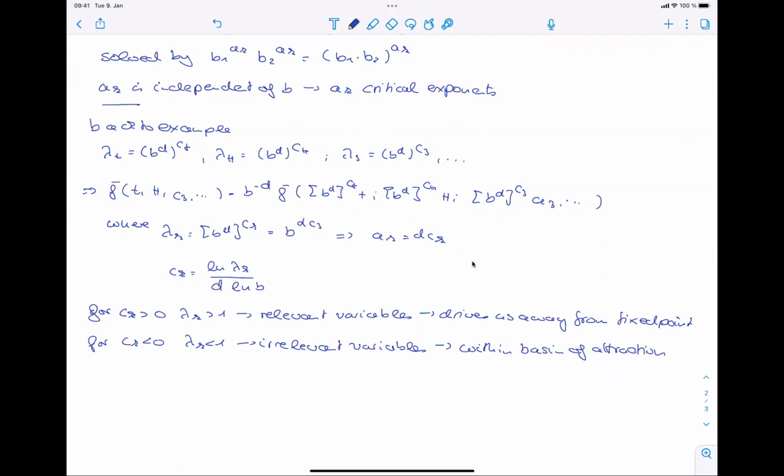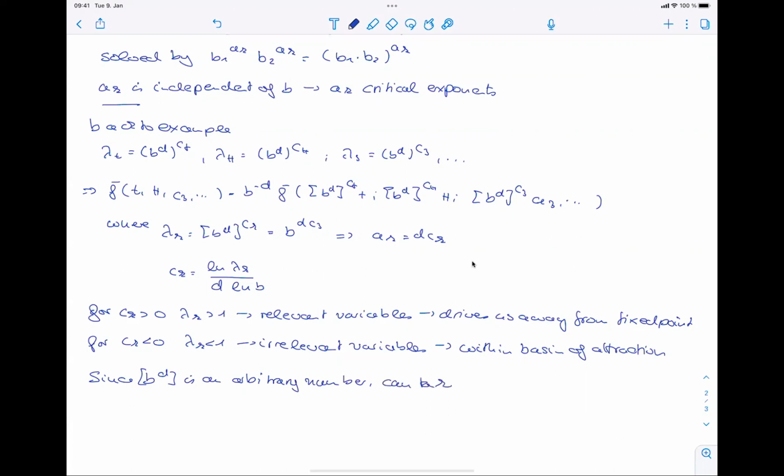So in principle, I can choose my blocking value b, as that's just an arbitrary number that I choose. And so since b to the d is an arbitrary number, I can specify a choice for that number.